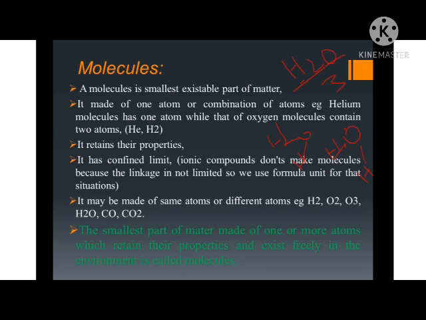But between these two different molecules, there is a space. So we can say that this is one molecule, this is another molecule. But in the case of an ionic compound, there is no certain limit.